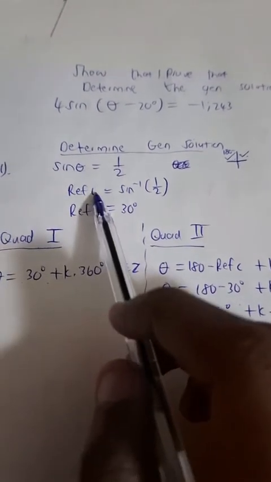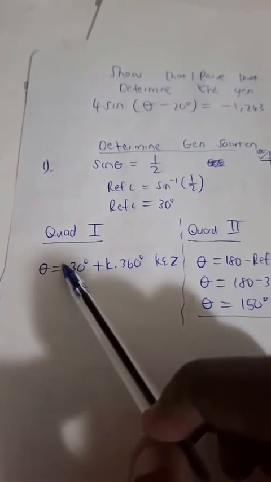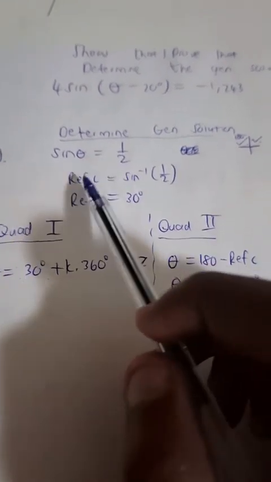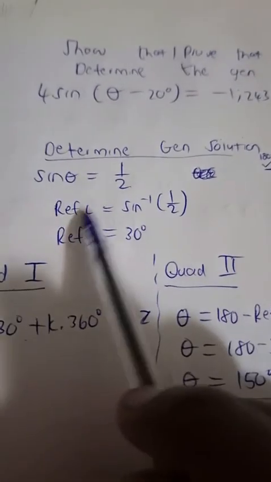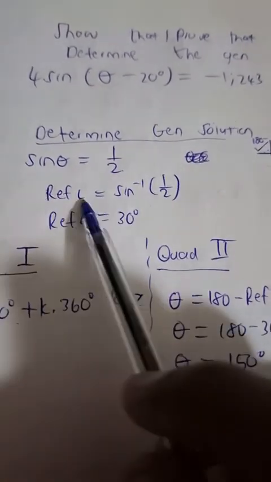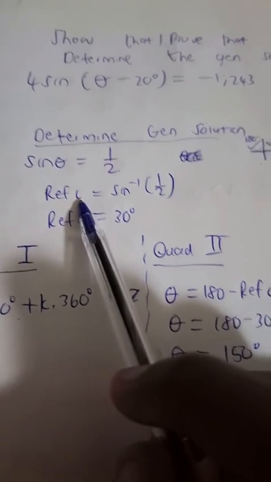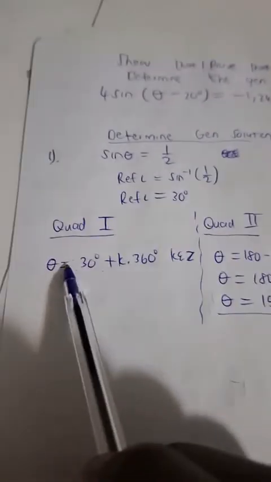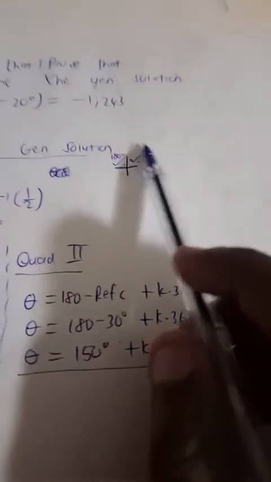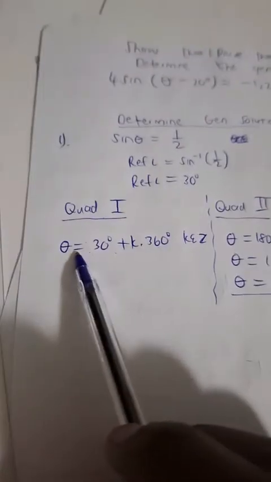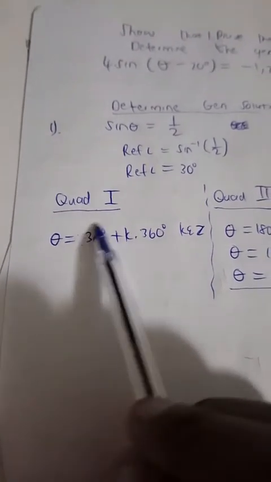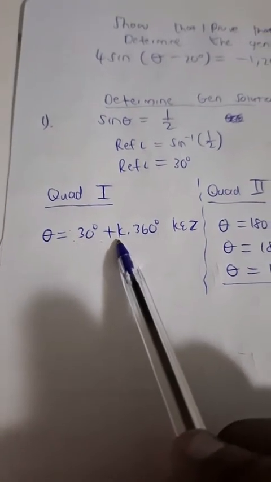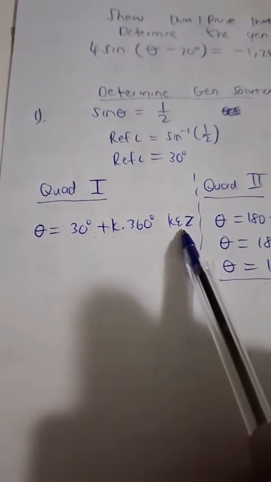As per the rule, because we want the general solution, we say this is the reference angle. Then we utilize the reference angle to write our general solution for each respective quadrant. So for quadrant 1, theta is equal to 30 degrees plus k 360, where k is an element of integers.